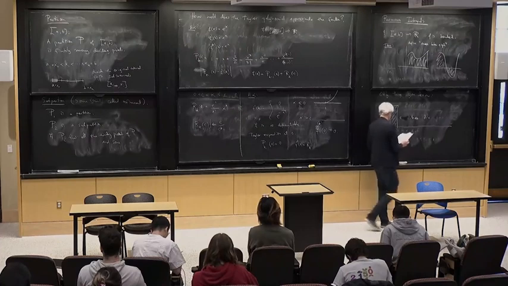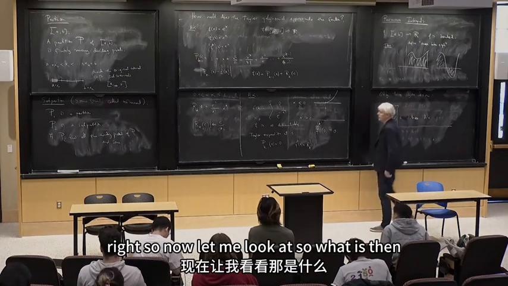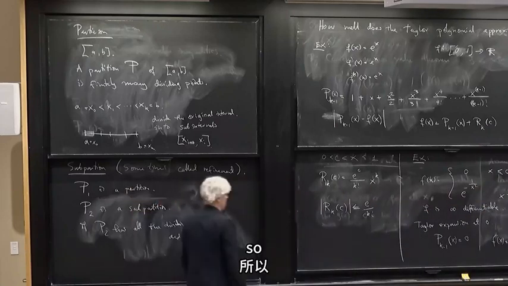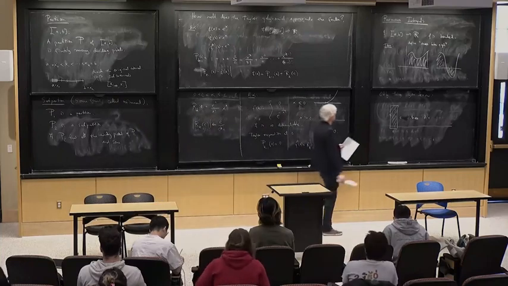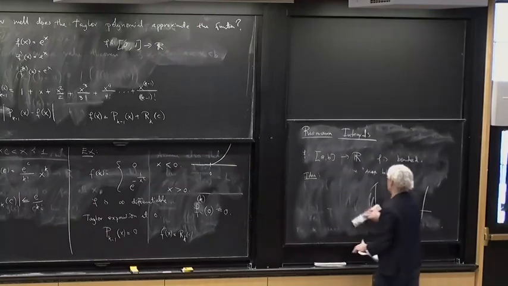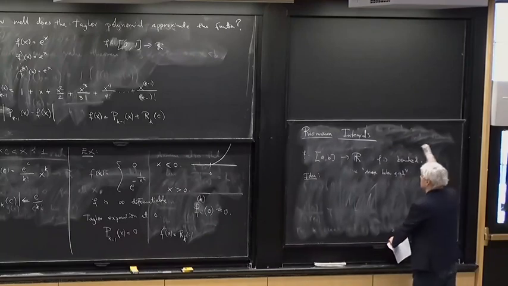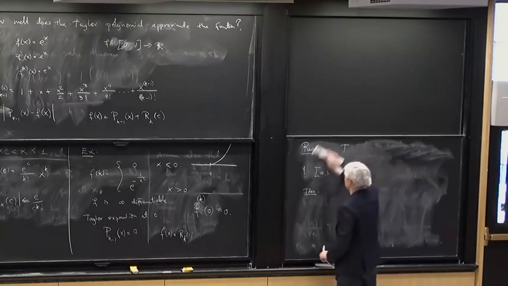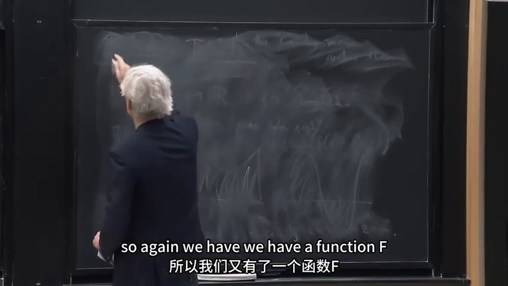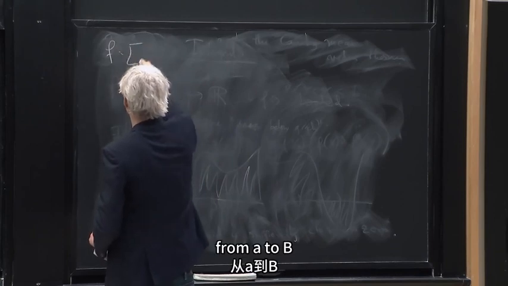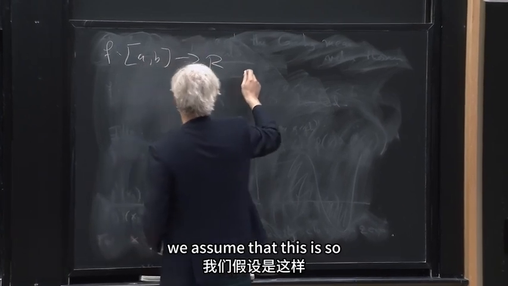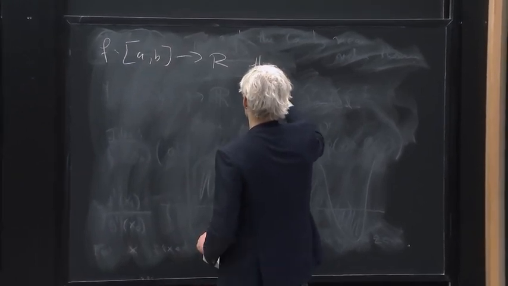Now, so let's try to get closer to defining this with the area below the graph. So again, we have a function f from a to b into R. We assume that this is bounded.